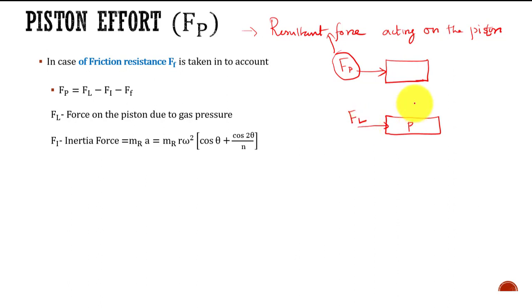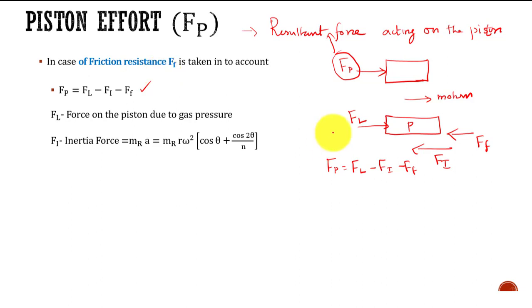If the motion is in this direction, the inertia force is in the opposite direction and the friction force is in the opposite direction. So what is the net force? FP is FL minus Fi minus F. This is the resultant force acting on the piston along the direction of the motion.